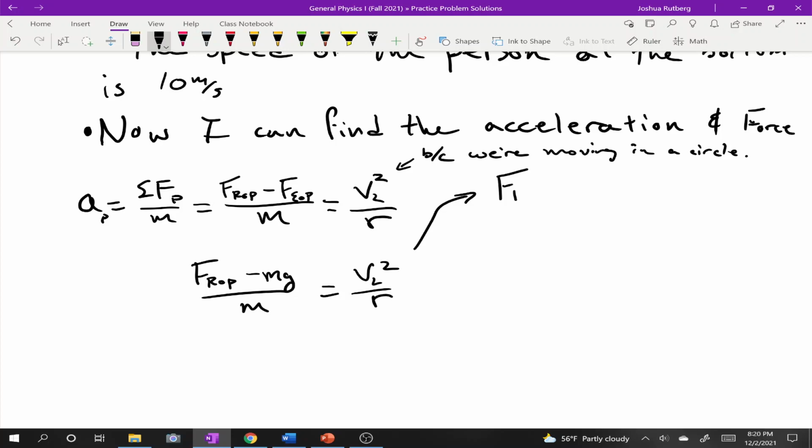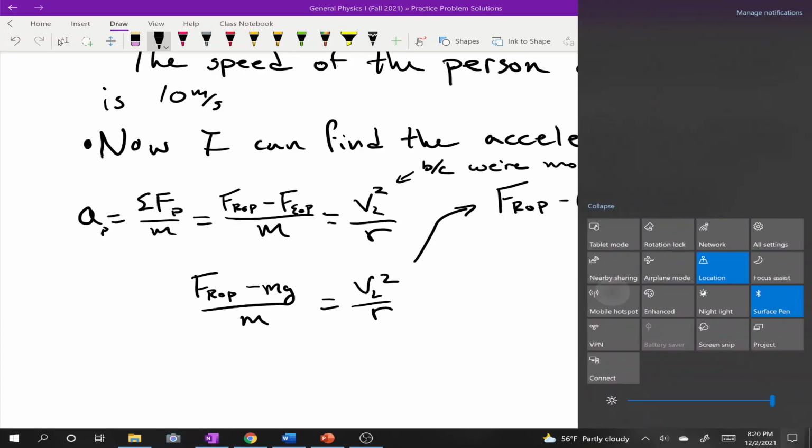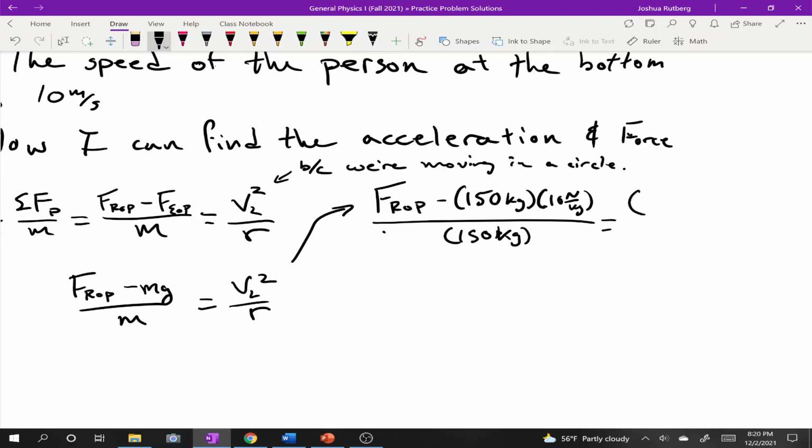So the force the rope exerts on the person minus 150 kilograms times 10 newtons per kilogram, divided by 150 kilograms, is equal to 100 meters per second squared divided by 25 meters, which is the radius.